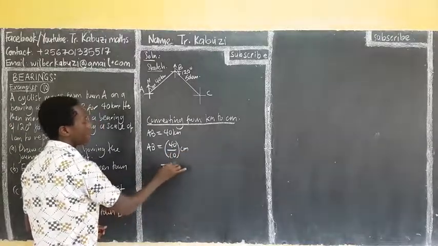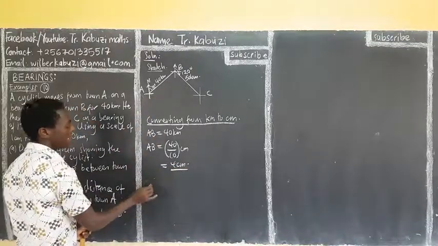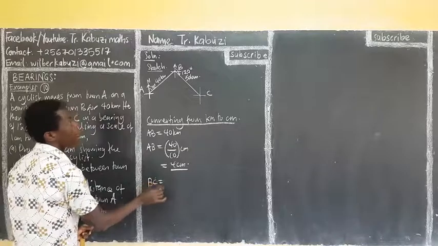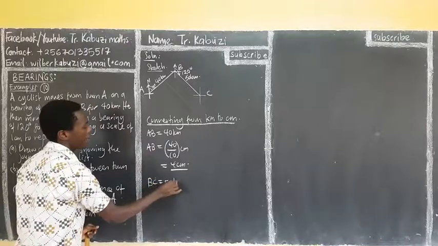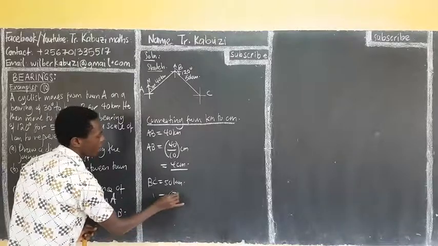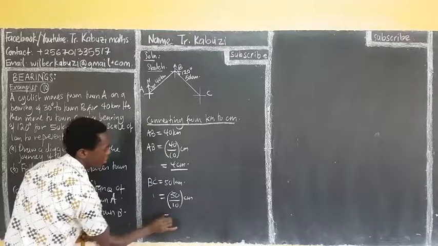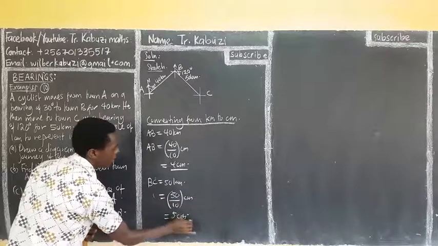And here you get 4 centimeters. Then I come to my BC, which takes 50 kilometers. So this in centimeters from B is 50 divided by 10. These are now centimeters. It will be 5 centimeters.